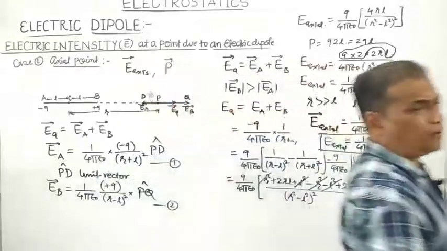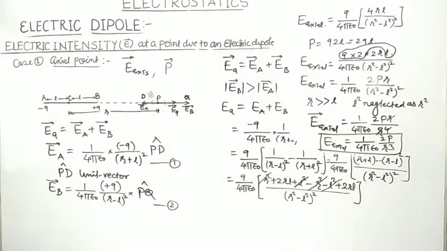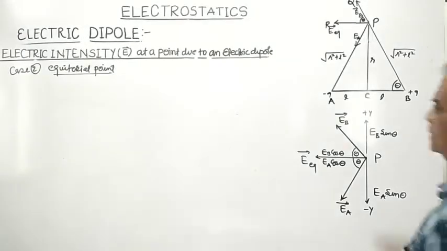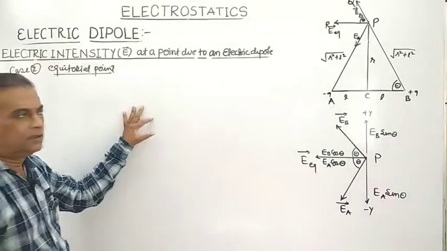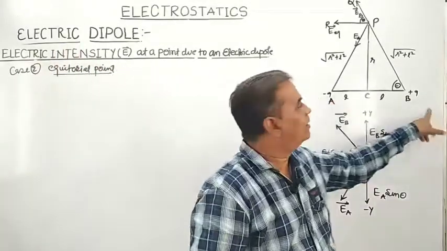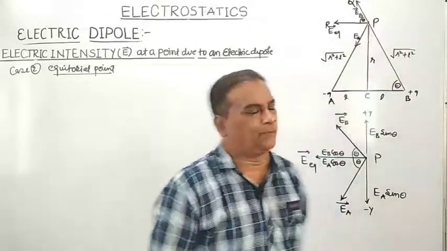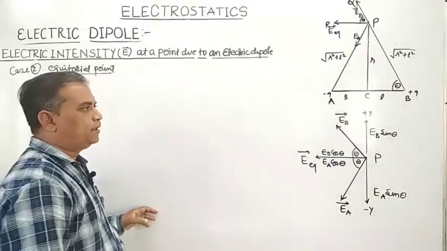You remember 2p divided by r cube. Now we will find out the electric field intensity due to an electric dipole at an equatorial point. Let us derive an expression for the electric field intensity due to an electric dipole at any point along the equator of a dipole. So look at this.